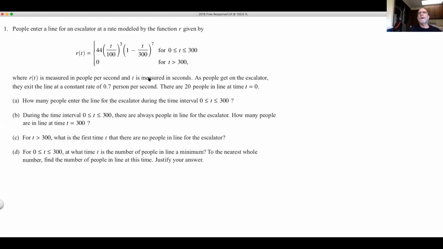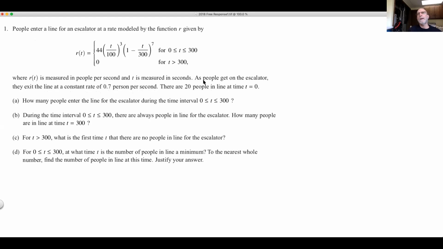So once they step on the escalator, they're entering the line at this rate, and they're leaving the line at a constant rate of 0.7 people per second. And currently there are 20 people in line.